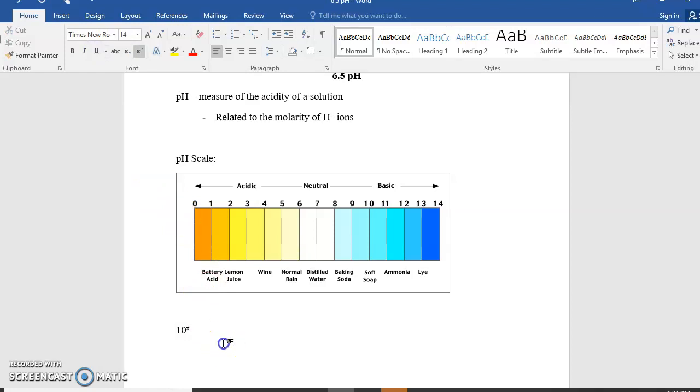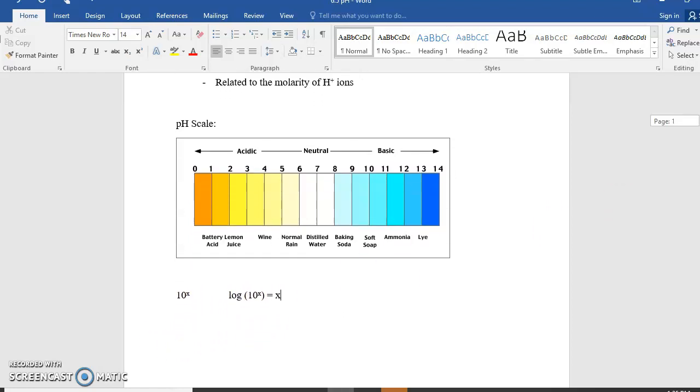The opposite of 10 raised to the x is log. If you have a log of 10 to the x, you get just x. They cancel each other out. Inverse functions. If you look on your calculator, the log is written right above the 10 to the x. Usually it says 10 to the x on the button itself, and then you have to hit second or shift or whatever and make it log instead. And so that's what we're doing. We're canceling out the 10 to the x part of it.